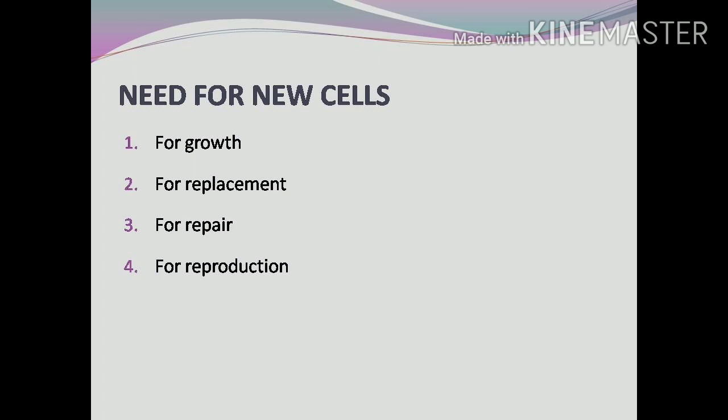In plants, the old and dried leaves fall off and new ones grow out. So, the worn out or damaged cells are replaced by new cells with the help of cell division. The pre-existing cells undergo cell division and give rise to a new cell, and that new cell occupies the place of the old or worn out cells.